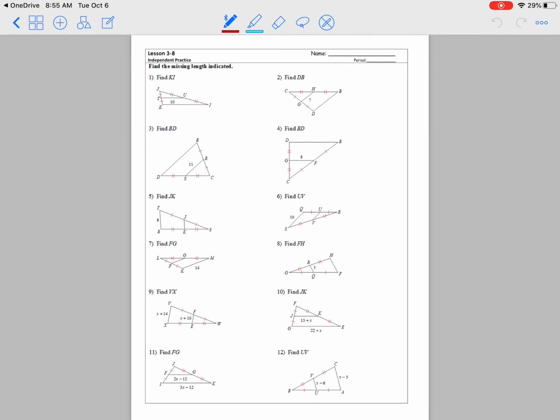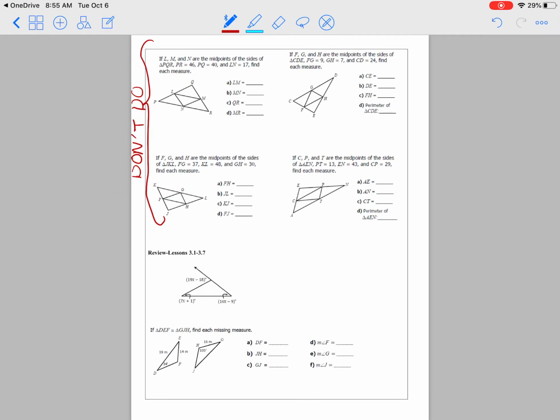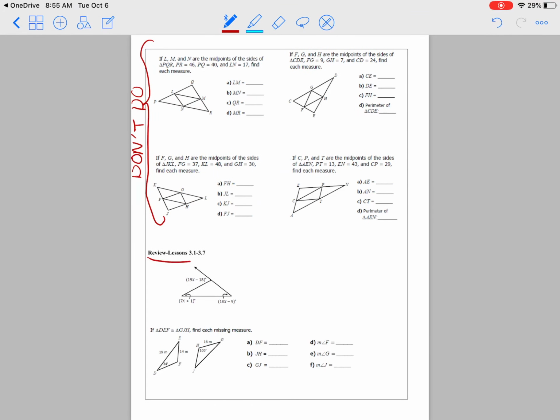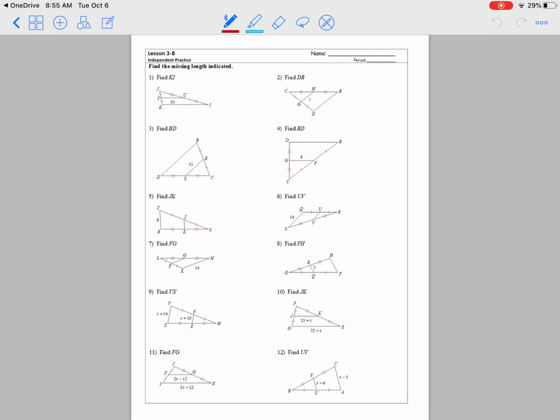So I just want you to complete the first 12 problems for your independent practice. And that's it. The 12 problems and then this one with the exterior angle theorem. So it's 13 problems in total.